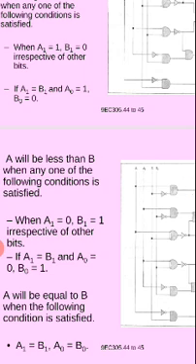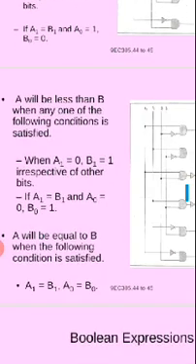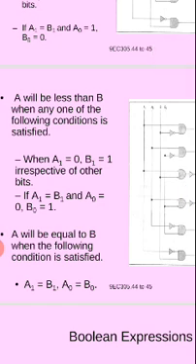If A1 equal to B1 and A0 equal to 0, B0 equal to 1. Which is opposite to the above relation.